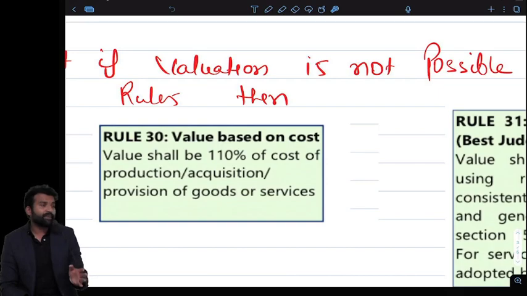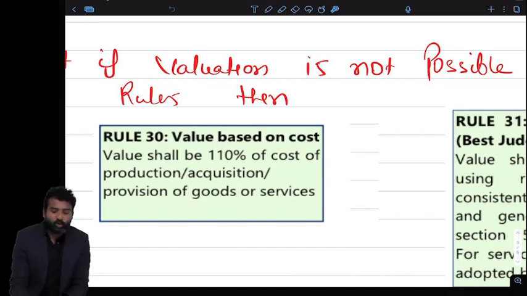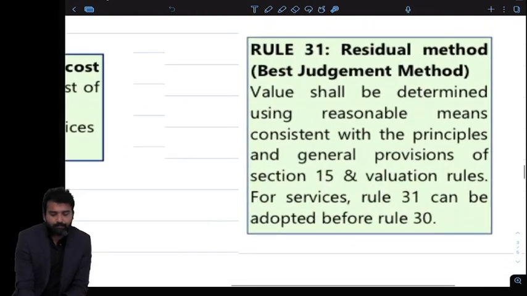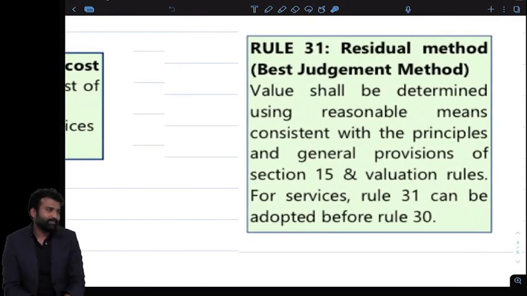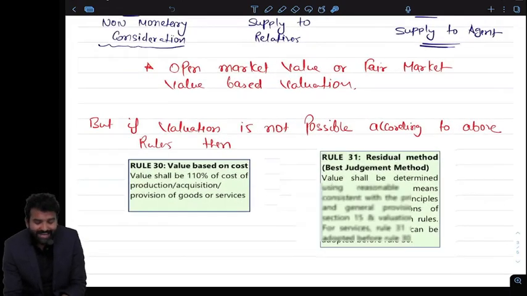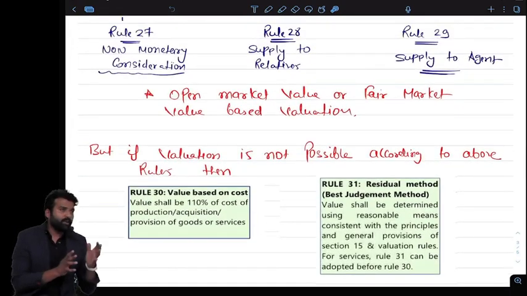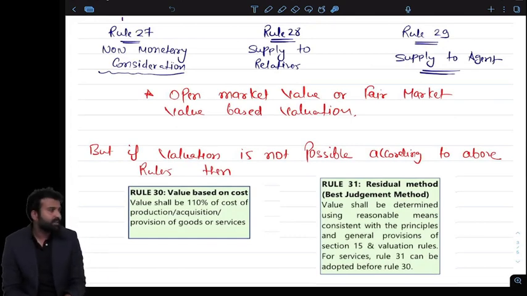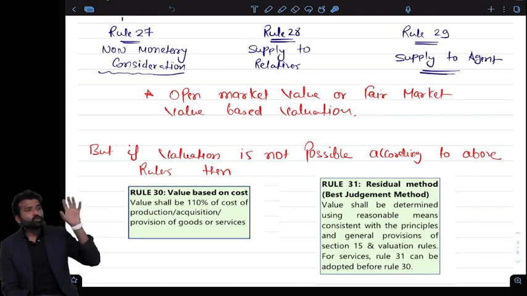And even if it is not possible to find the cost of production, then best judgment will be done by the officer. So valuation rules say that if you are having non-monetary consideration, or the supply is to relatives and agents, then we have to choose open market value based valuation.